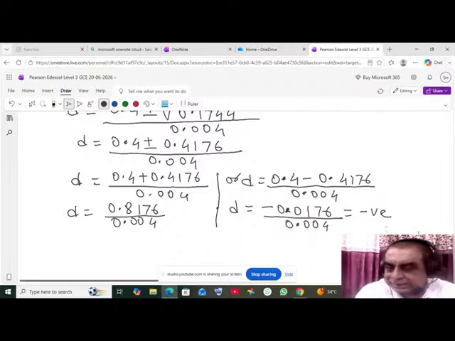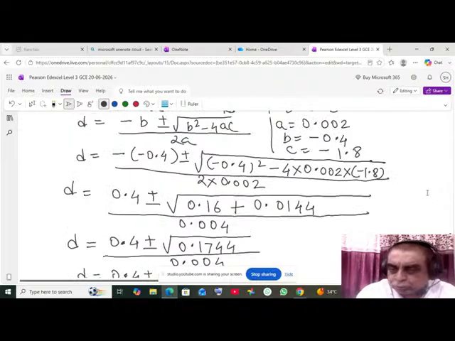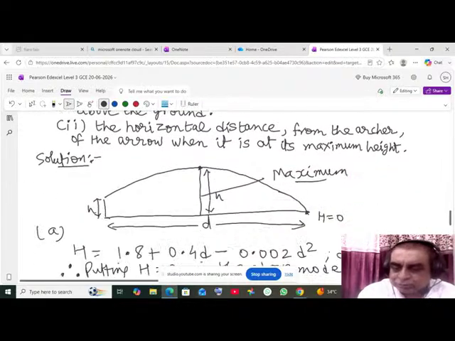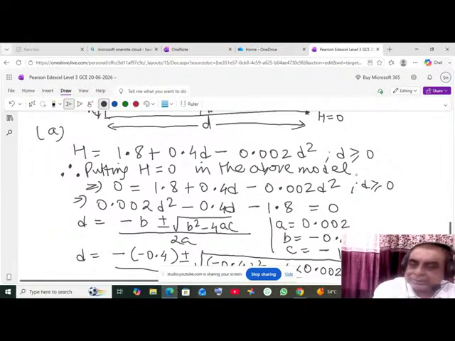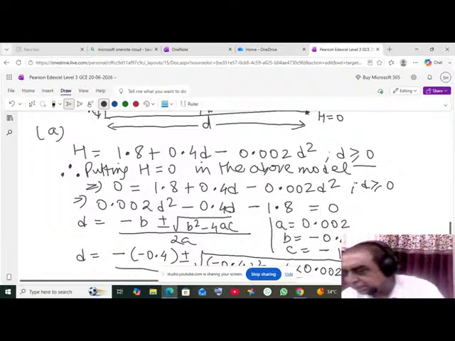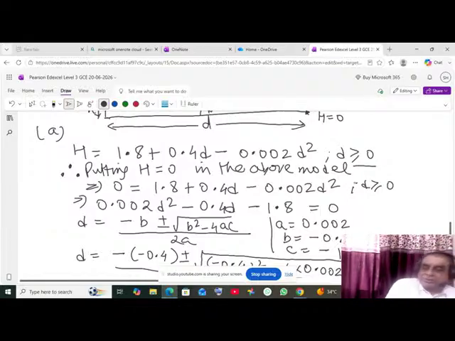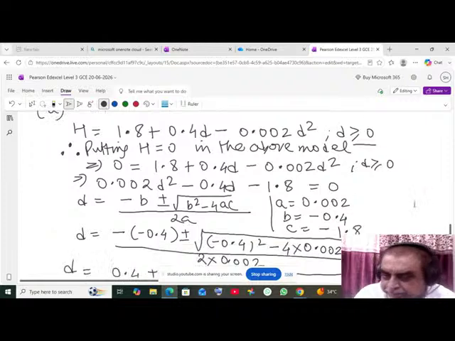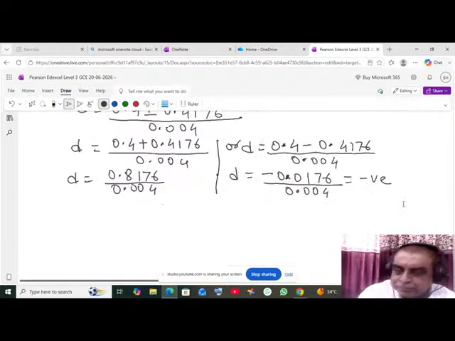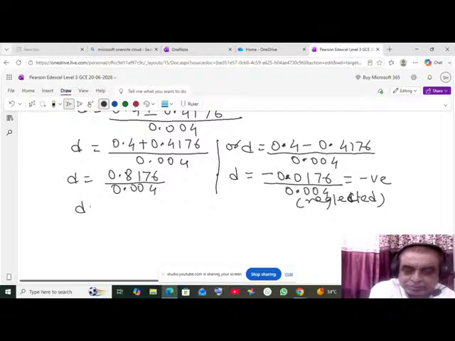So this is a negative number, so this is neglected. Why? Because we are told in the question the value of D is either greater than or equal to 0, not a negative number. So in the second we are getting a negative value of D, so this is neglected. Only this value of D will be accepted.